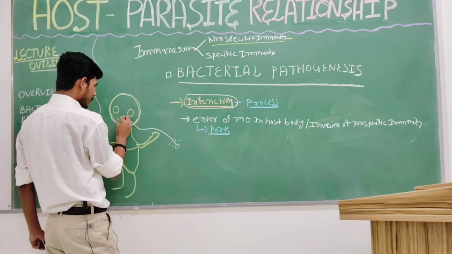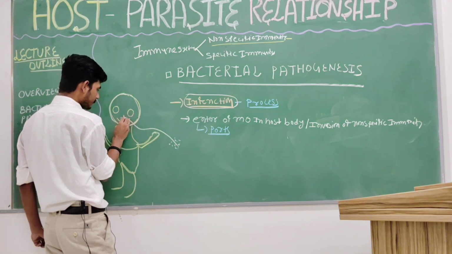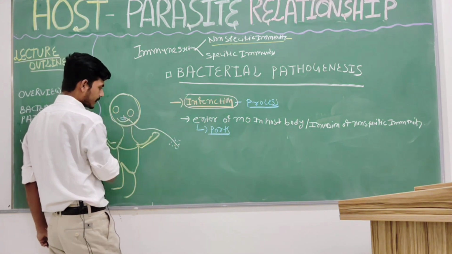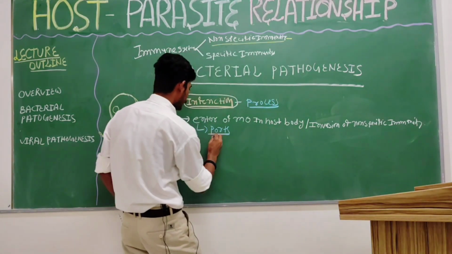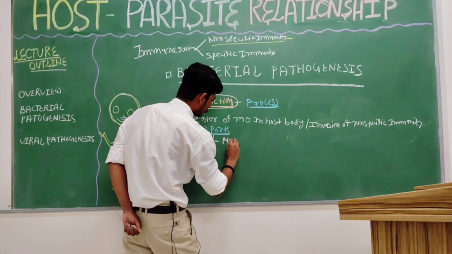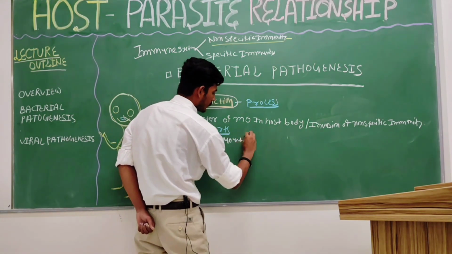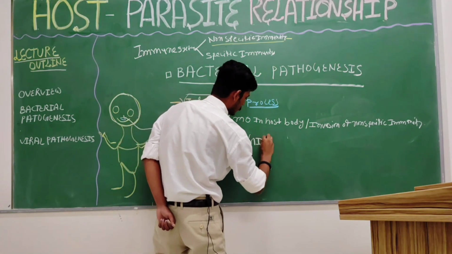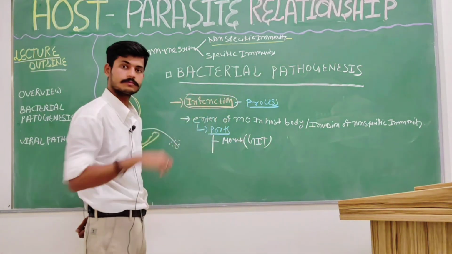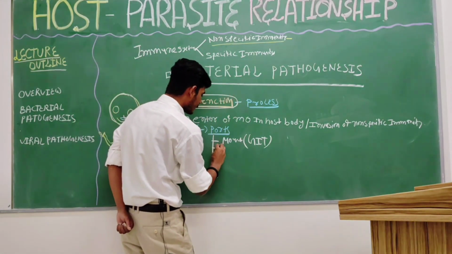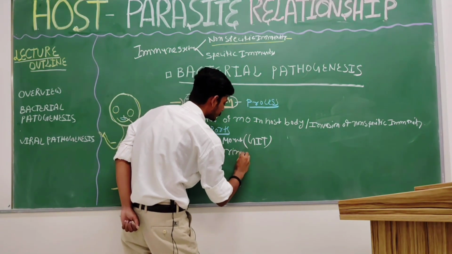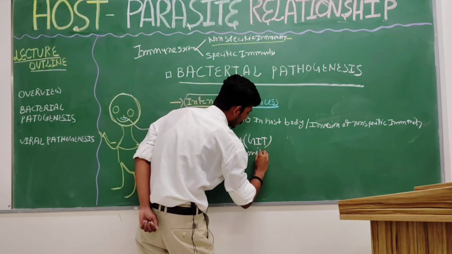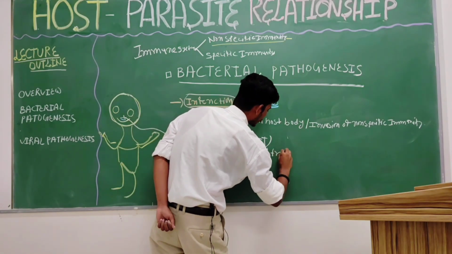One port you know is your mouth, isn't it? The mouth is one way by which microorganisms can come, or we can refer to it as the GIT, the gastrointestinal tract. Another one is the urinogenital tract.